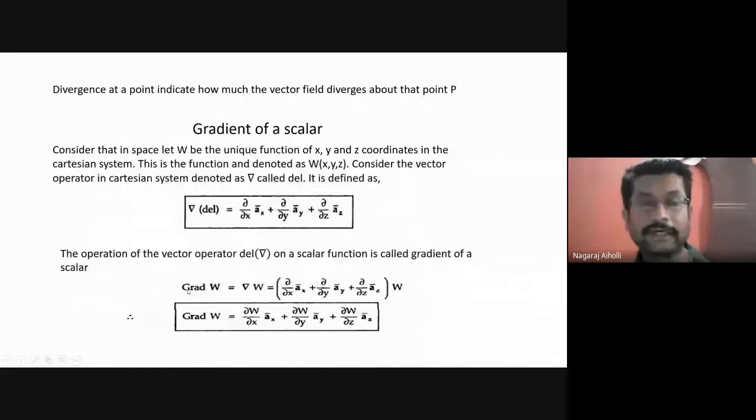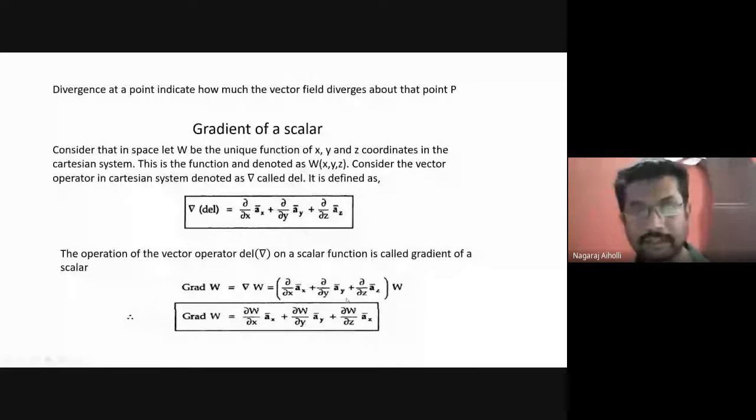I am denoting it as grad W, or gradient W, that is del W. What is del? ∂/∂x ax bar plus ∂/∂y ay bar plus ∂/∂z az bar, operating on W, the scalar function.